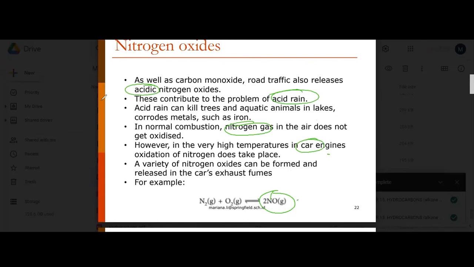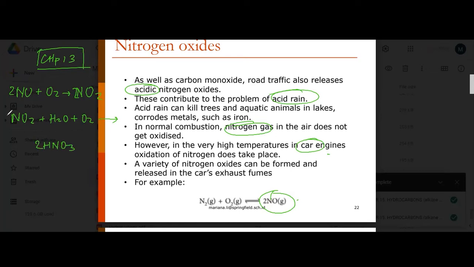I hope you have already read chapter 13 about nitrogen and sulfur. But if you never read this chapter, I'd like to give you the information that nitrogen monoxide can undergo further oxidation to form nitrogen dioxide. Now you can balance this, 2 and 2. Nitrogen dioxide reacts with water and oxygen to form a very strong acid known as nitric acid.